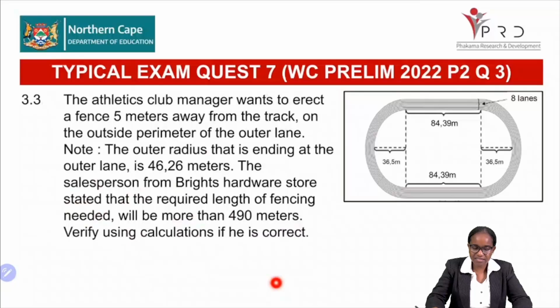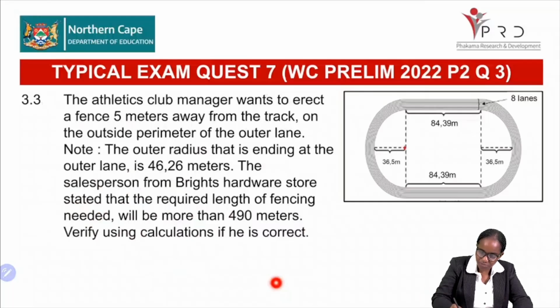Then the athletics club manager wants to erect a fence 5 meters away from the track on the outside perimeter of the outer lane. Note the outer radius that is ending at the outer lane is 46,26. So meaning from this point to the outer lane, it is 46,26.